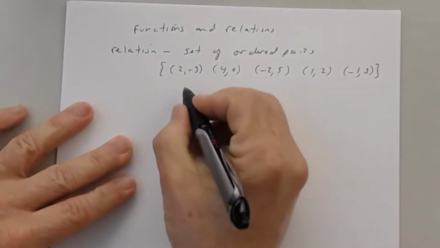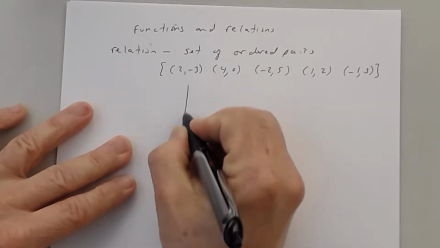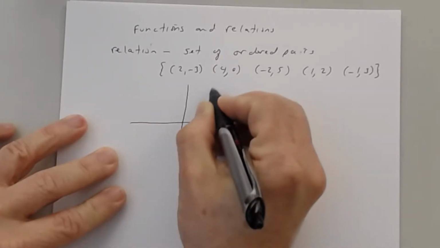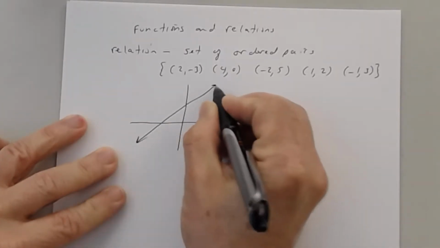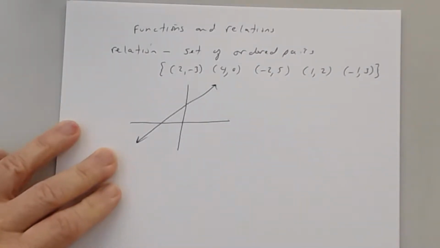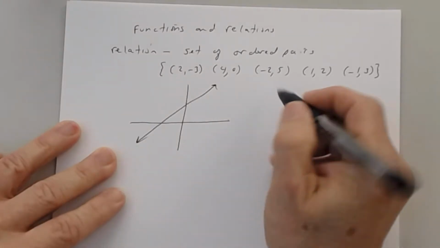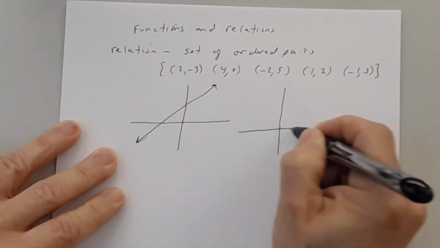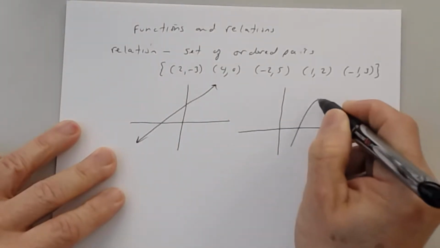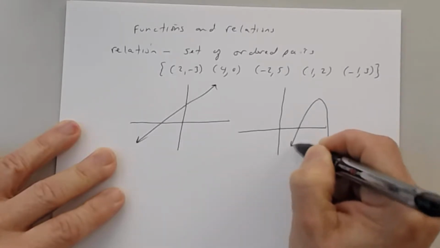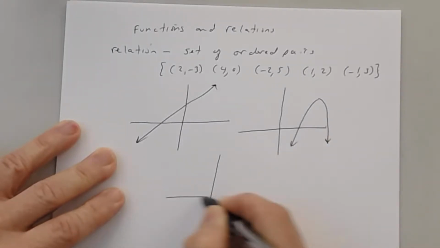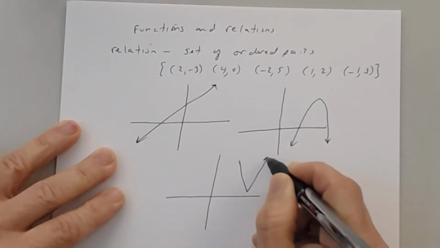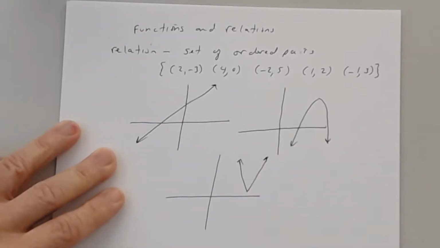The lines that we drew earlier, all those were relations as well. The graphs, the lines, the parabola, whether it opens down, the absolute value, all these are relations.